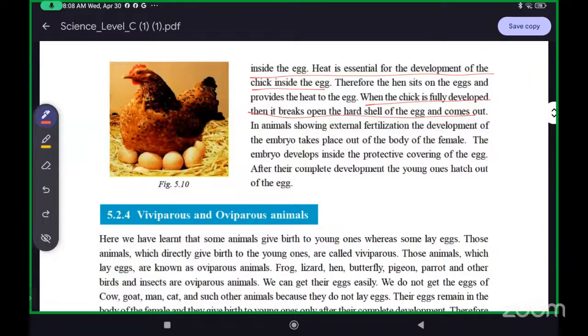First, viviparous and oviparous animals, and then we will talk about it.